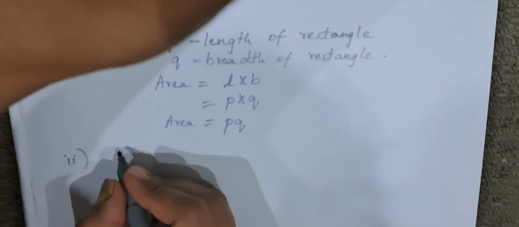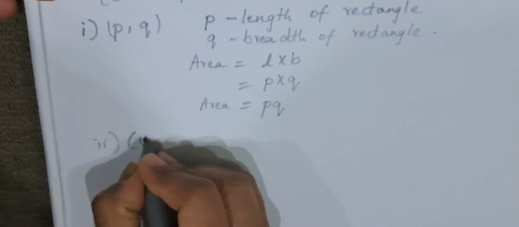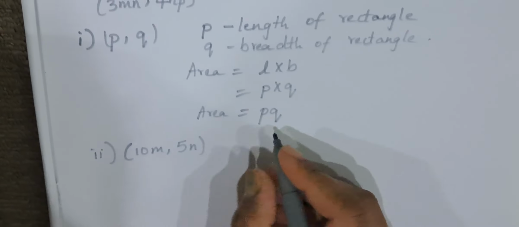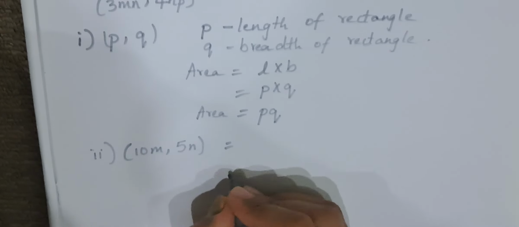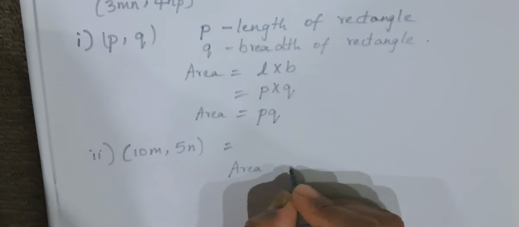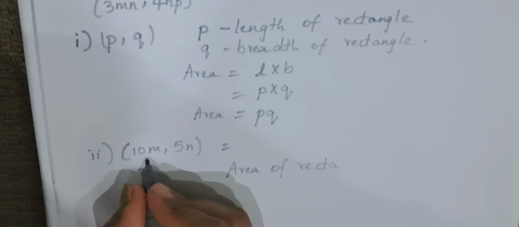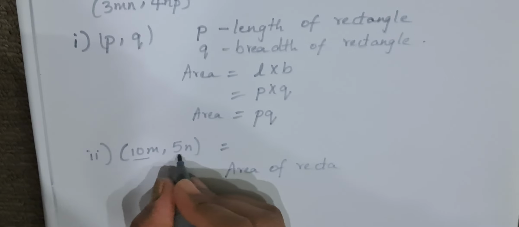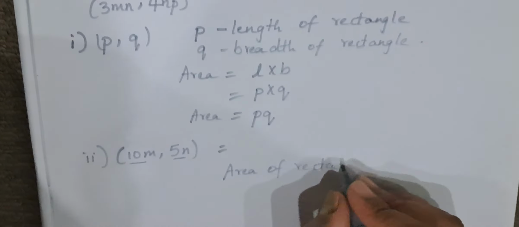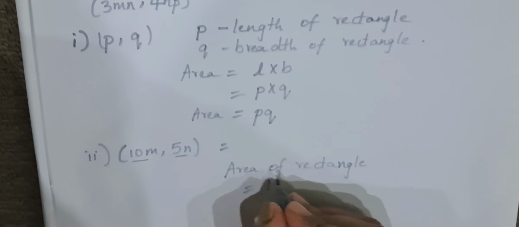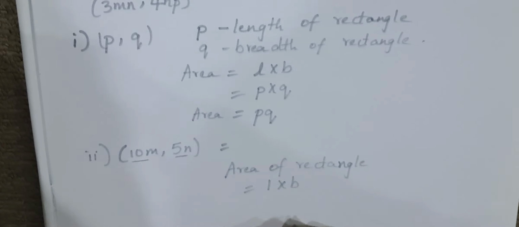It is 10m and 5n. The pair of monomials are 10m and 5n. So in this case, the area of the rectangle: the first one here is length, the second one is breadth. So area of rectangle will be length times breadth.